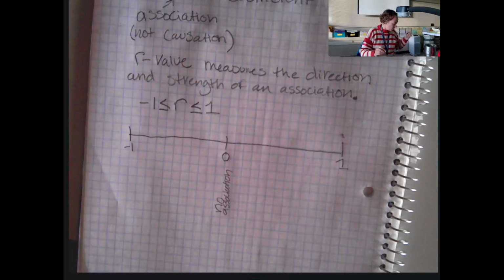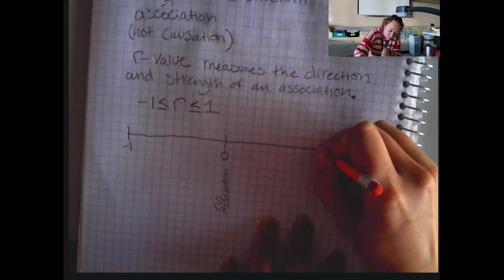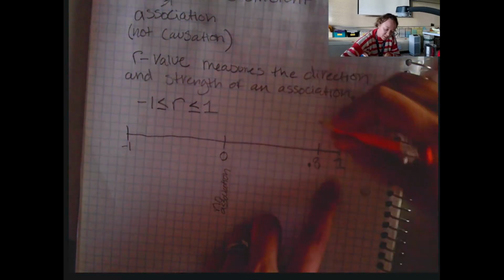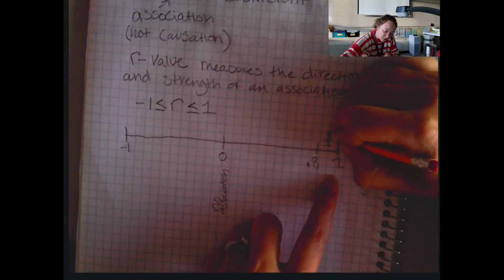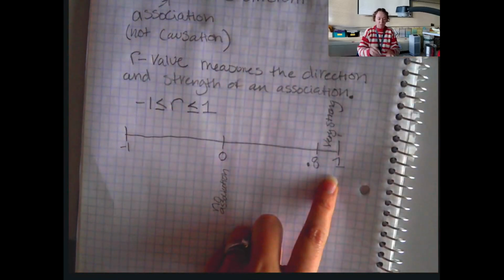When you are between like 0.8 and 1, that is considered to be a very strong and positive association.